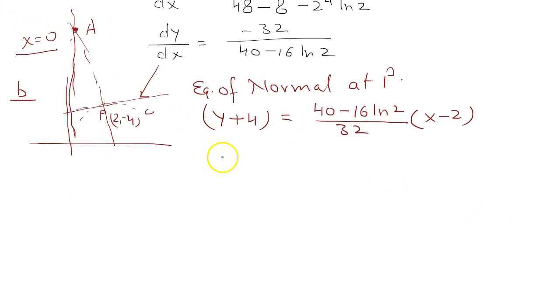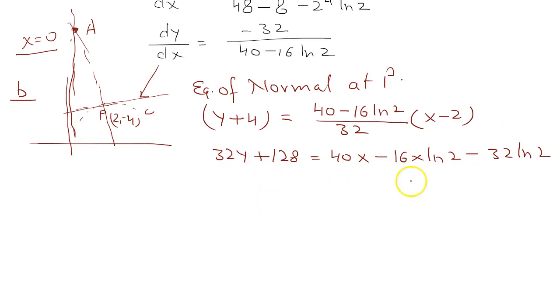So 32y plus 128 is equal to 40x minus 16x ln 2 minus 32 ln 2. This is the equation of normal.